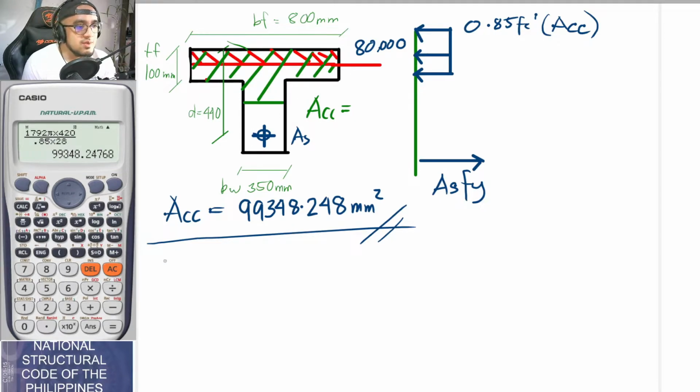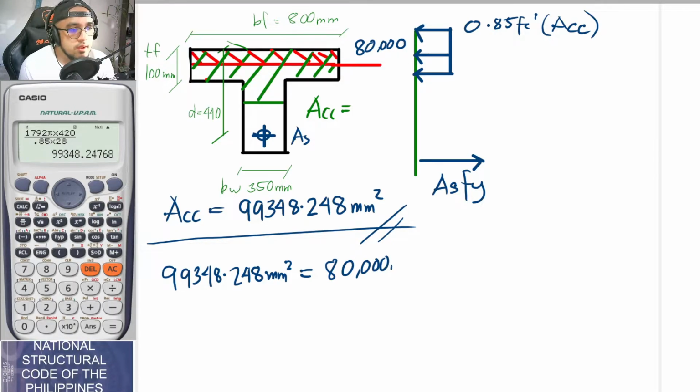So with that, guys, your ACC, which is 99348.248 millimeter squared, is equal to the area of the flange, which is 80,000 millimeter squared, plus whatever this area is. And this area is equal to the base of the web, which is BW, times whatever this dimension is.